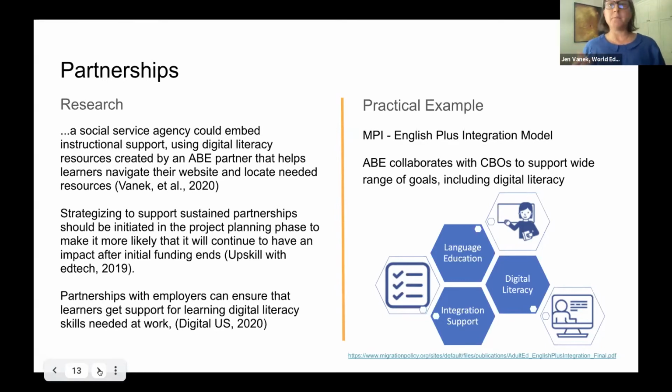So for example, there might be a drop-in digital literacy support service available at a community-based organization that might do workforce development, or, as Kathy has seen in her research, either in public housing sites or in healthcare providers. So using digital literacy resources, these programs can take resources created by ABE providers, so there's a benefit to them too, to help learners navigate their websites and access the services that they're providing.